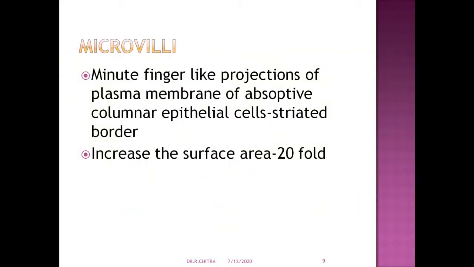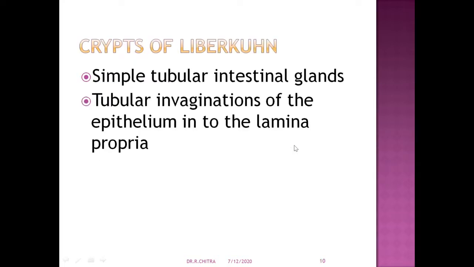What are microvilli? The mucosa enlarged like this is only increasing the surface area tenfold. So again, some modifications of epithelial cells. Finger-like projections of the plasma membrane of the columnar epithelial cells will give the striated border. These microvilli increase the surface area 20 fold.